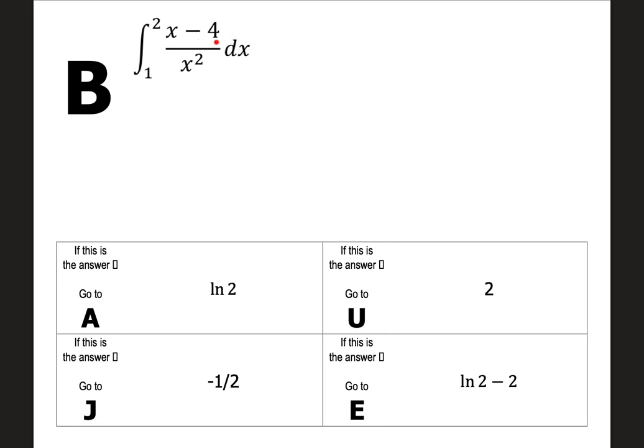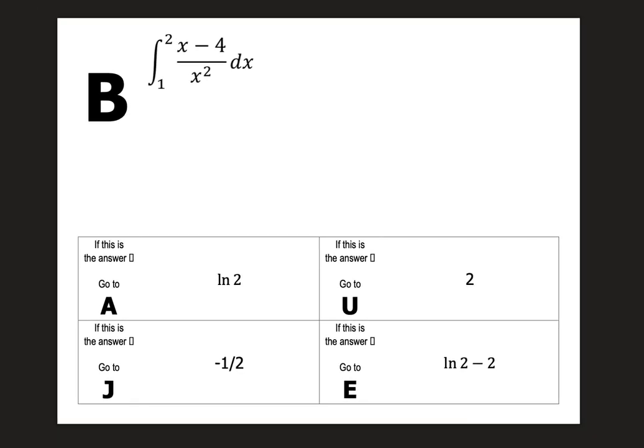But if you have something added or subtracted, that's no good anymore. So we can't make this u because du is not the thing that's multiplied, in this case just in the top, since it has this -4. So we can't do u sub for this one. We've got to think of some other way.